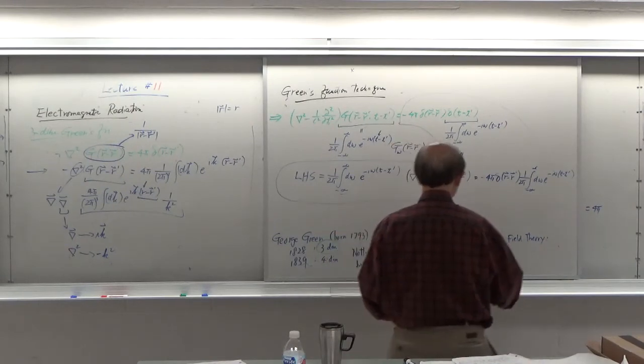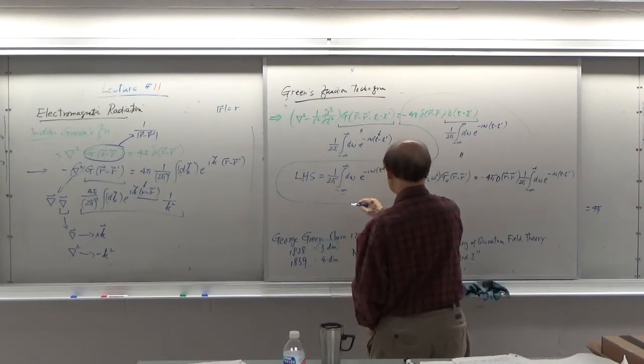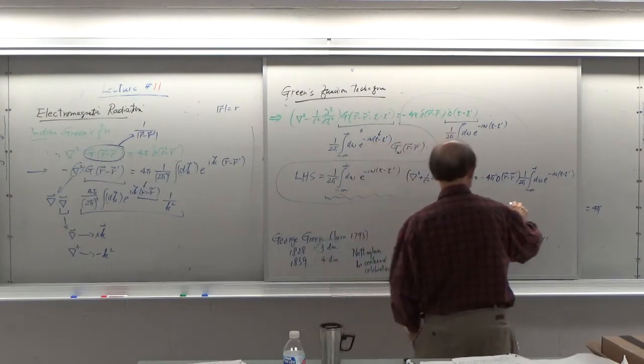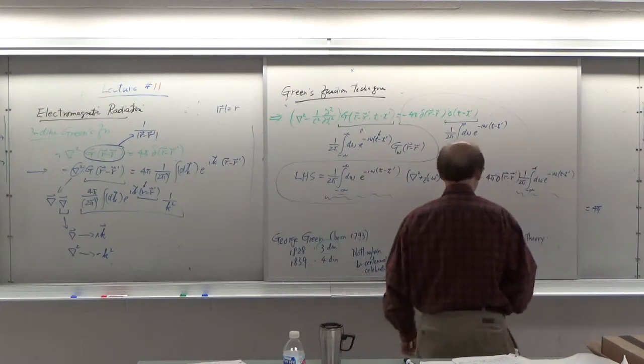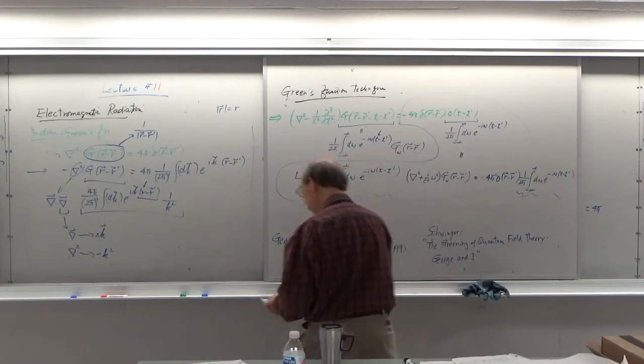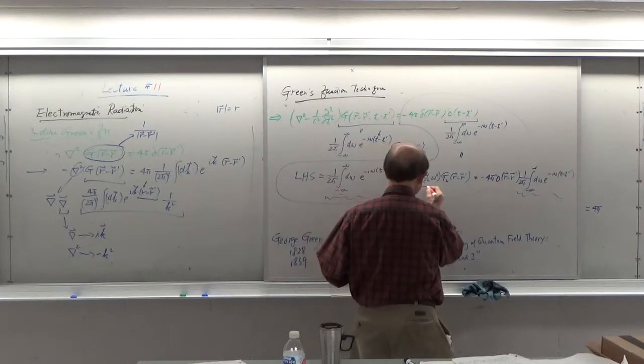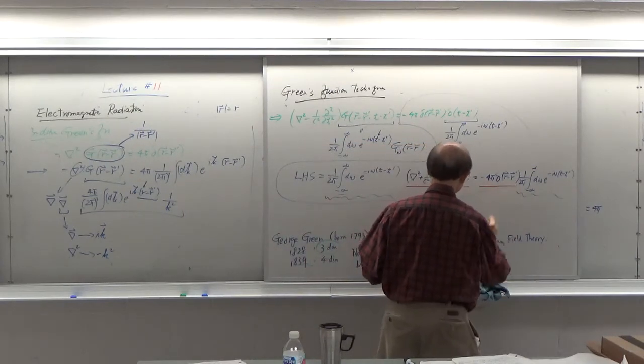Now, okay, how do I get this? There's already this vector there. So if I have, okay, now I can obviously equate this with that factor.